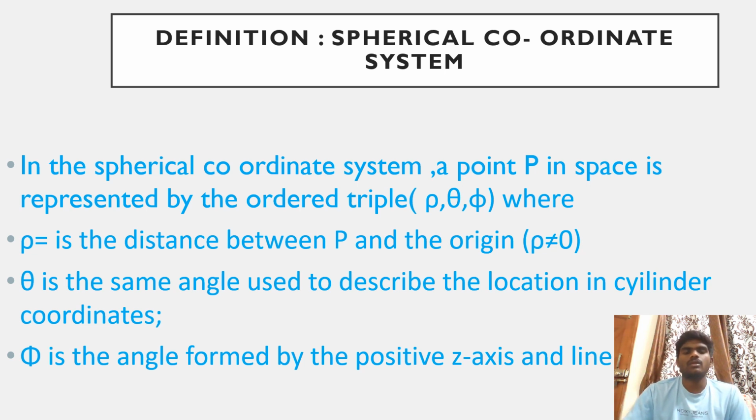In the spherical coordinate system, a point P in space is represented by the ordered triple rho, theta and phi, where rho is the distance between P and the origin, where rho is not equal to 0.